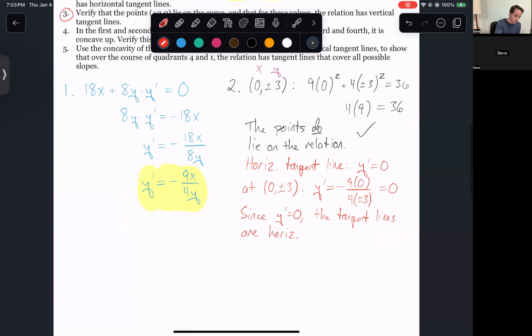Numero tres, to plug in plus or minus 2 comma 0. We use the fact that this is the x and this is the y. We can do the same thing that we did before. We can cheat and do both at once. 9 times either plus or minus 2 squared plus 4 times 0 squared.